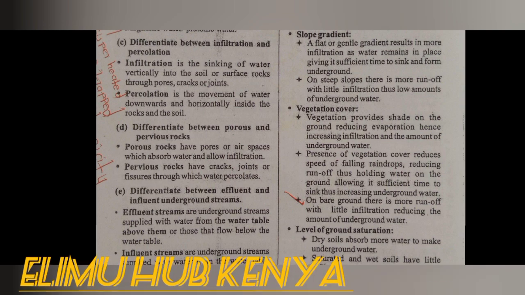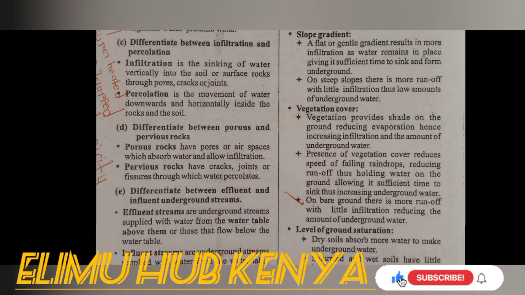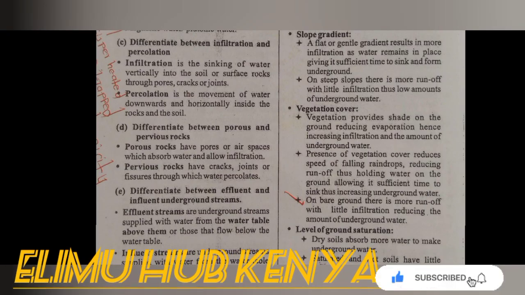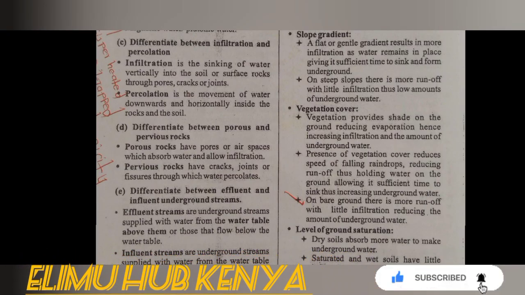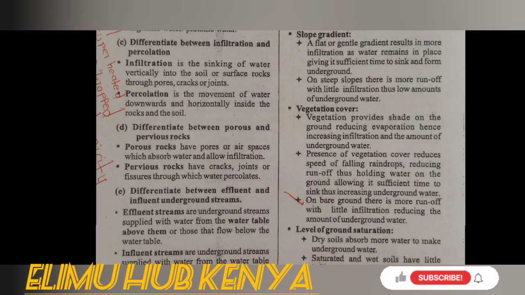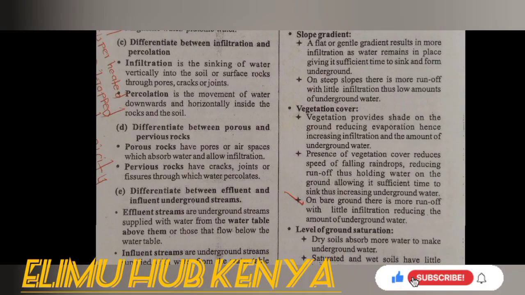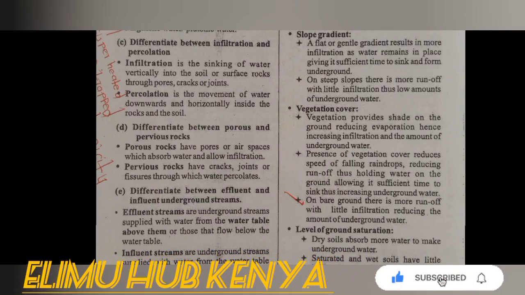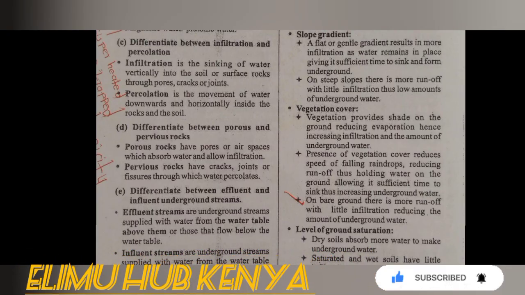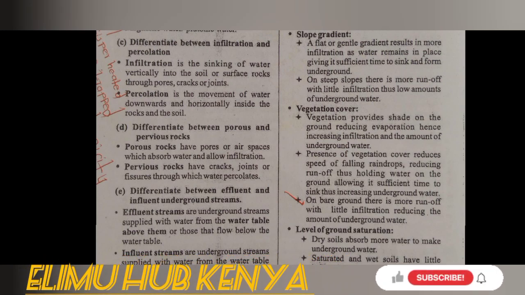The other concept that you need to look at is the difference between porous and pervious rocks. Porous rocks are rocks that have pores or air spaces which are capable of absorbing water and allow infiltration to take place. We can talk about them being spongy-like, and through that they allow water to pass through them, what we call infiltration, and it also gets absorbed.